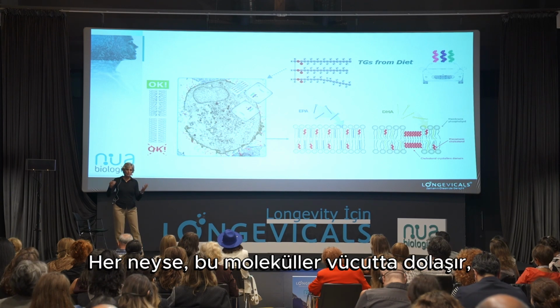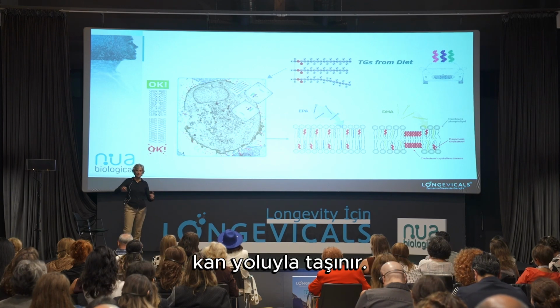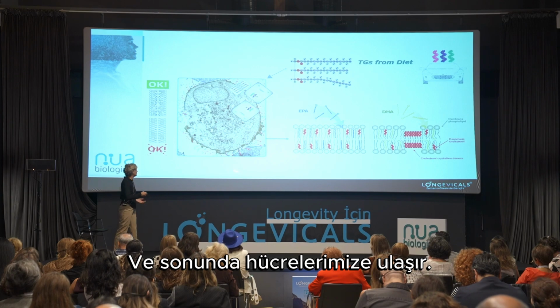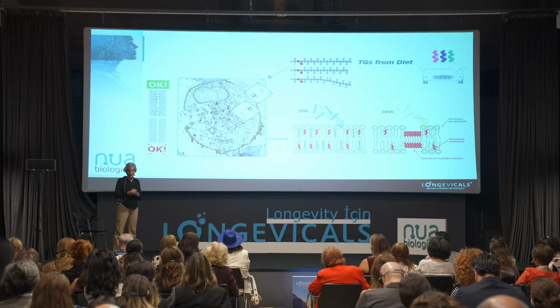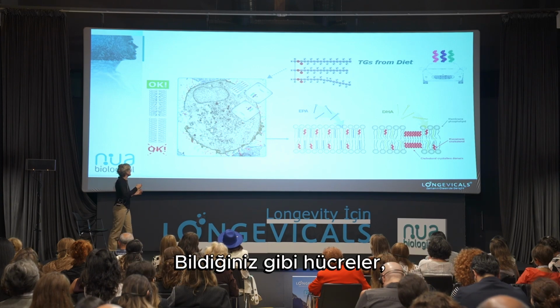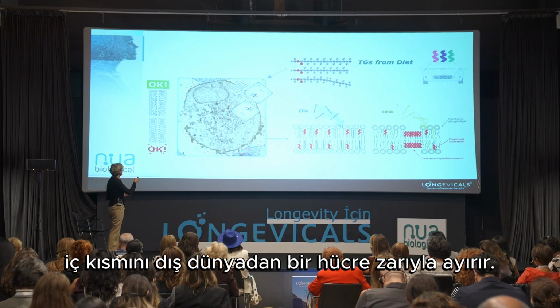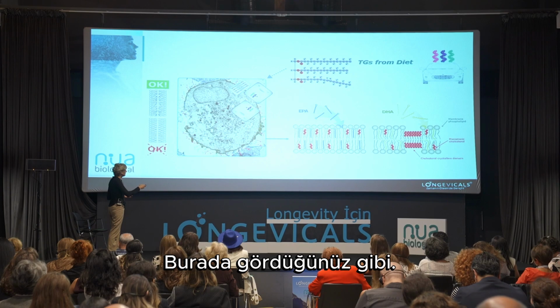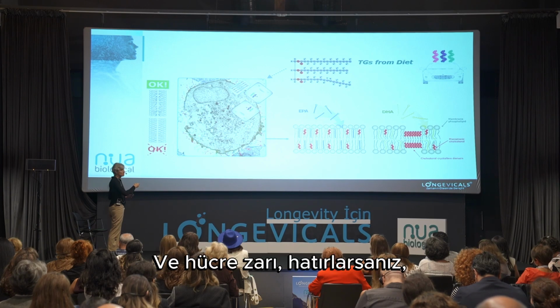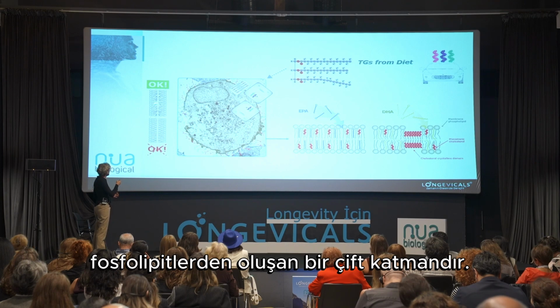Anyway, they travel around, the blood and everything, and eventually they reach our cell. As you know, cells separate the inside from the outside through a cell membrane, which you can see here. And the cell membrane, if you remember, is formed by a bilayer of phospholipids.